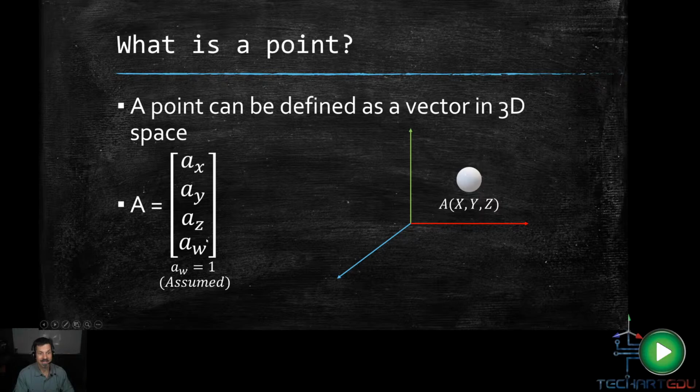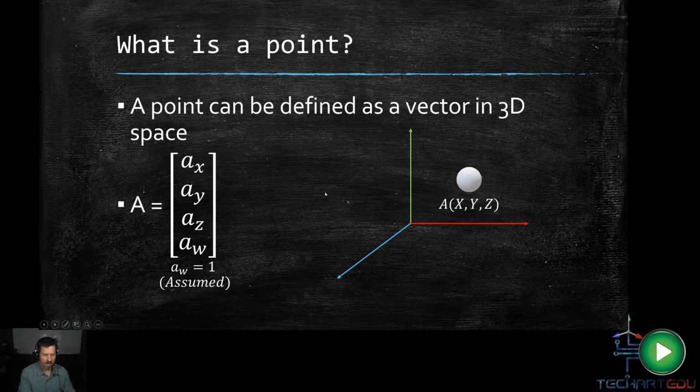Here we have this point in space with its x, y, z components. The w for this is assumed to be 1, because this is not a direction, this is a point in space. So that's the definition of a point in space.